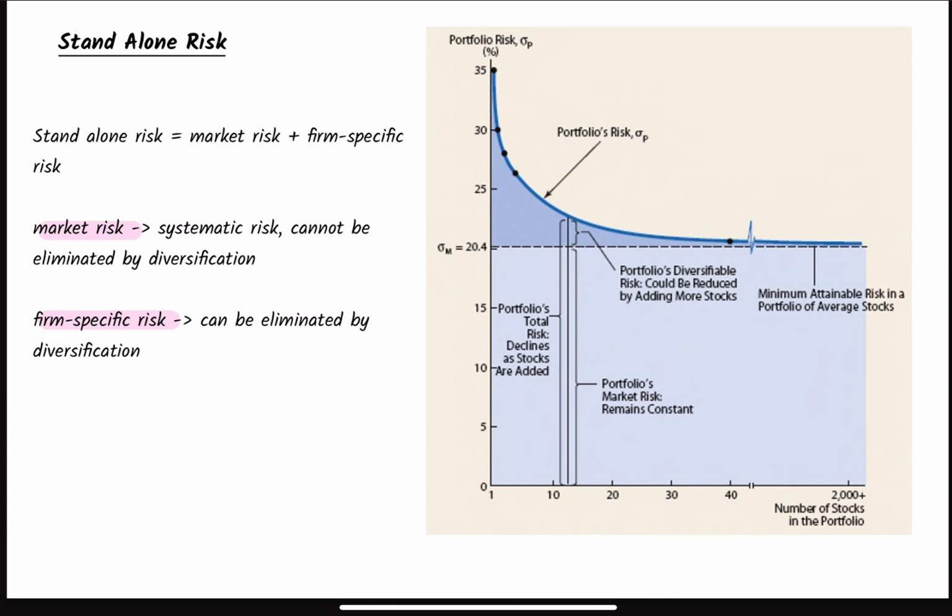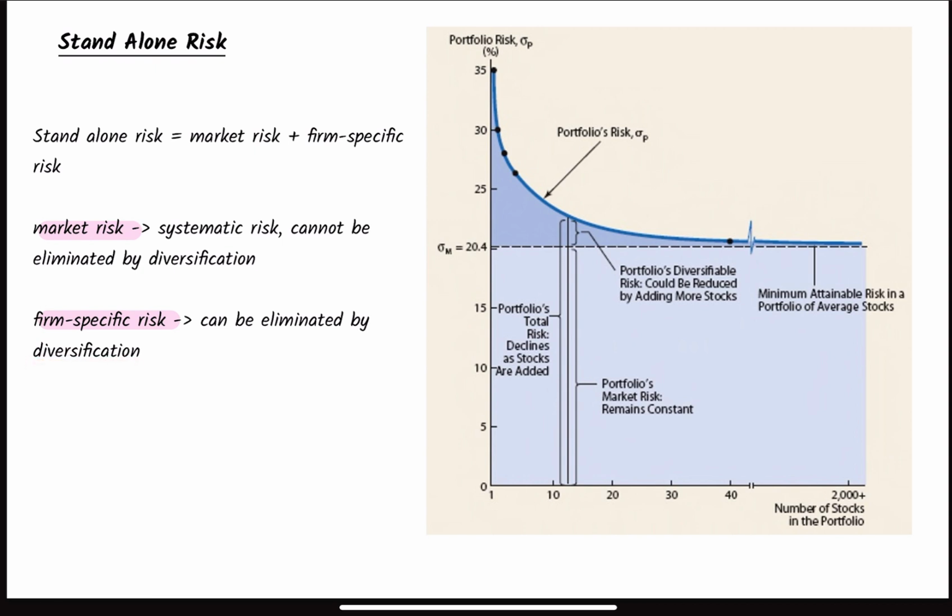What you can fix or eliminate a little bit is the firm-specific risk, and that's based on the individual stocks in the portfolio, and that can be eliminated by diversification.